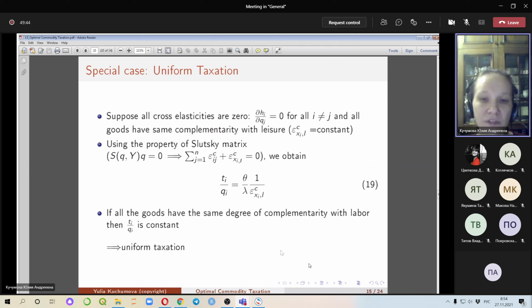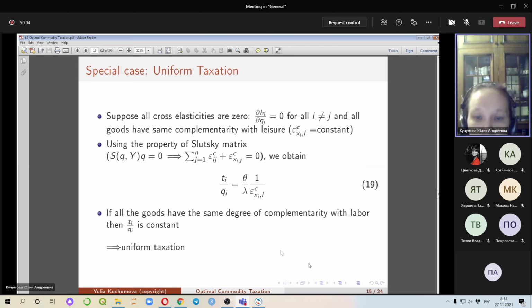So we basically fix one index and then sum over all other goods the elasticity, and then it should be equal to 0. In our case, all elasticities where i is not equal to g are equal to 0.